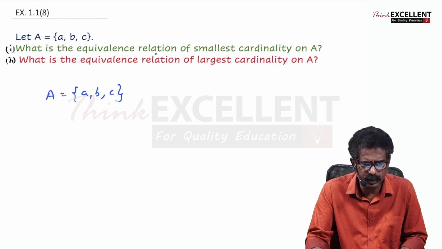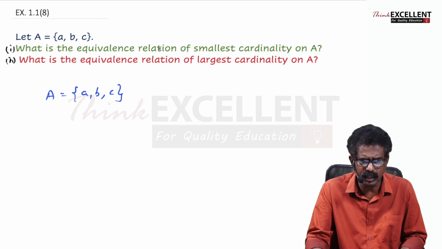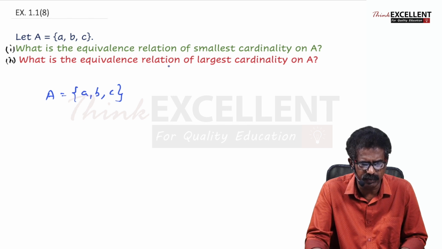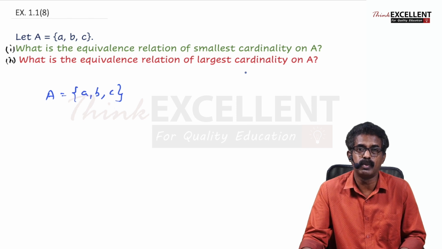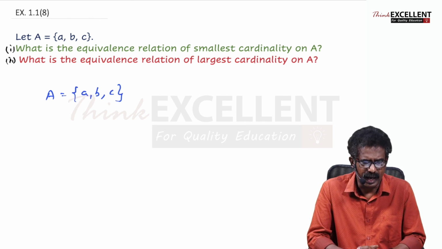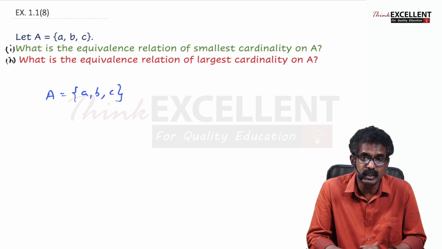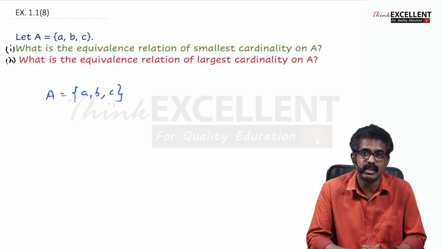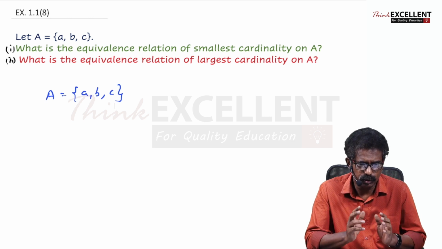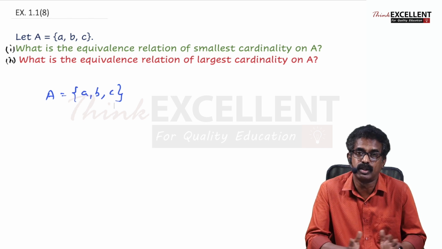What is the equivalence relation of smallest cardinality on A? And what is the equivalence relation of largest cardinality? Cardinality means what? Number of terms. So you have to find a relation which is an equivalence, so that means it satisfies all three: reflexive, symmetric and transitive. The smallest one and the largest one.